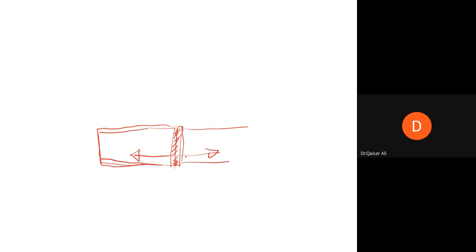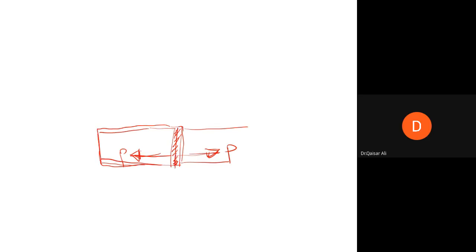Now, if you try to pull these two pieces apart with this pulling force P in the opposing direction, what will be the result?